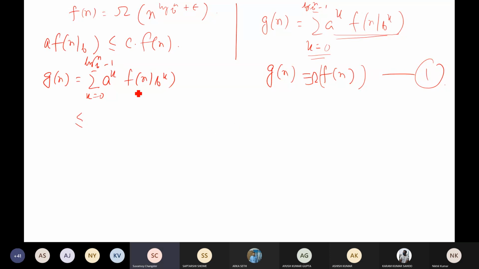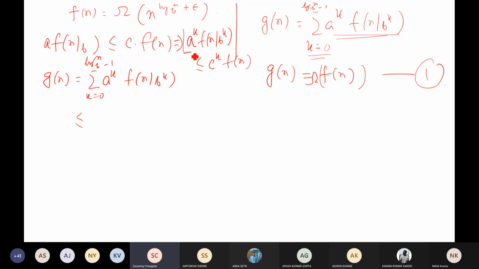So we can replace this value with, suppose from here what we can conclude, if we iterate this term up to k, so that means can we write that this value will be less than a to the power k f of n by b to the power k must be less than or equal to c to the power k f of n.